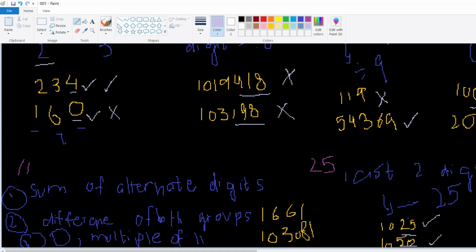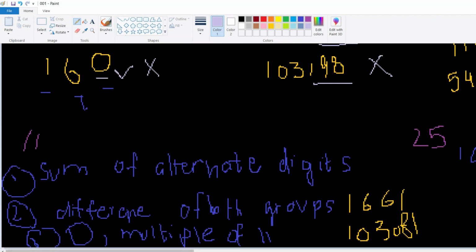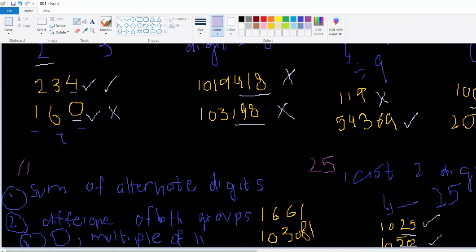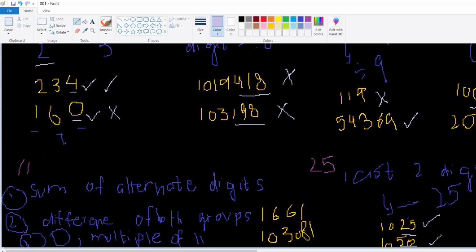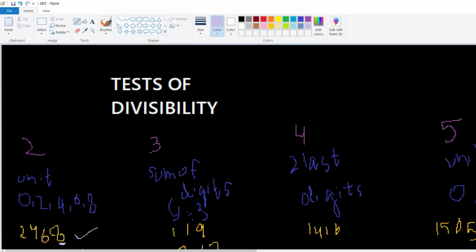Now let's go with the 11 examples: 1661 and 103081. Let's do this here. 1661. Alternate digits. 1 goes here and then 6 goes here.